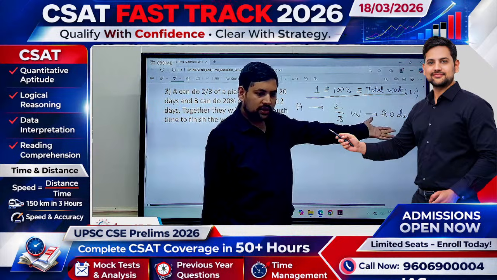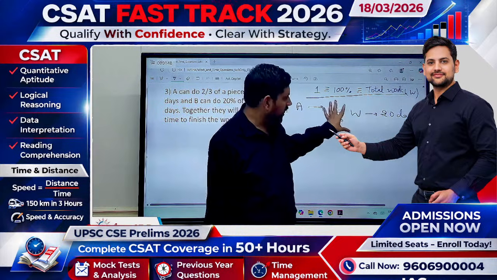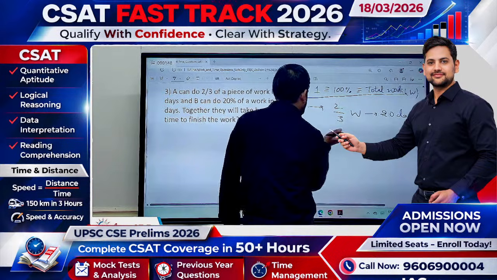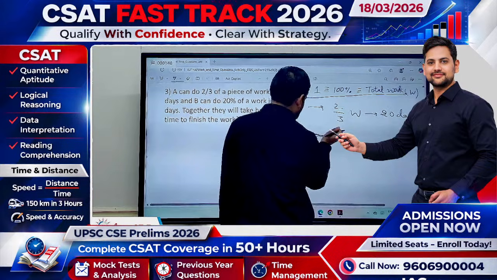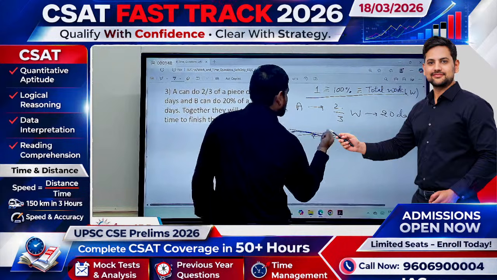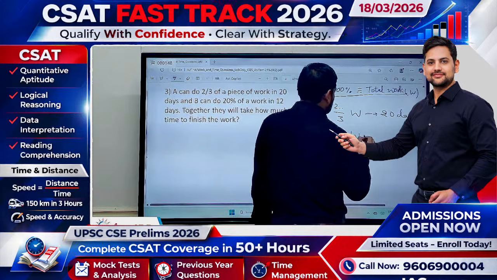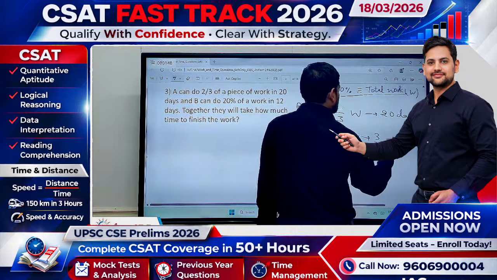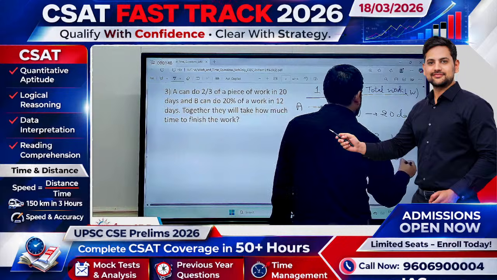What it will become? 3 by 2. Correct. On that side, if I send it, it will become multiplication of 3 by 2. So W is equal to 3 by 2 into 20. 1 time, 10 time, what you get? 30 days.